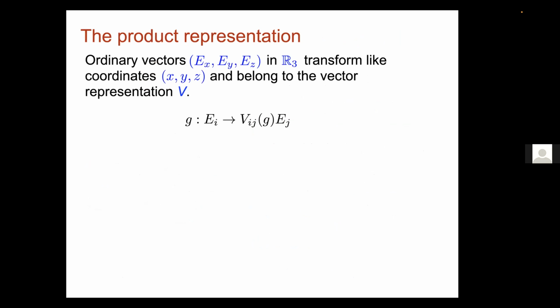Okay, so now let's remember the product representation. The idea is that ordinary vectors that live in R3 transform like the coordinates, and they belong to the vector representation.